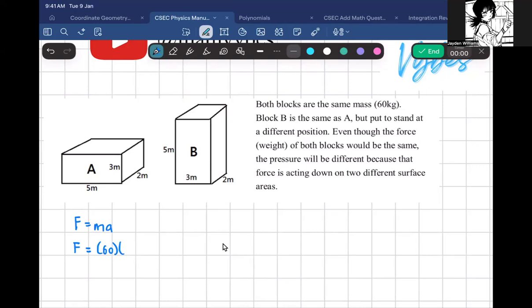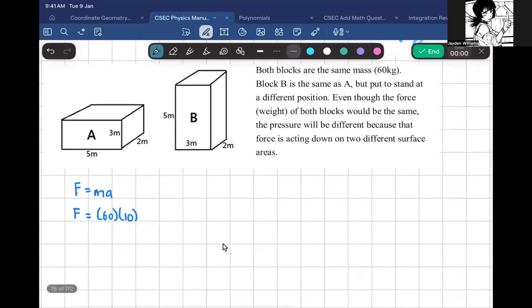Is it always 10 in this formula? If you don't see them specify, use 10. If they do specify, they will say 9.81. Either 9.81 or 10. If they don't specify, they cannot penalize you for using either one. But if they do specify, you'll have to use what they tell you to use, right?